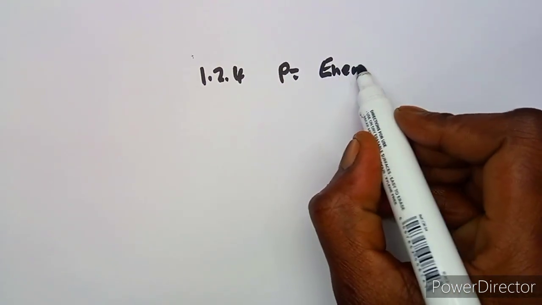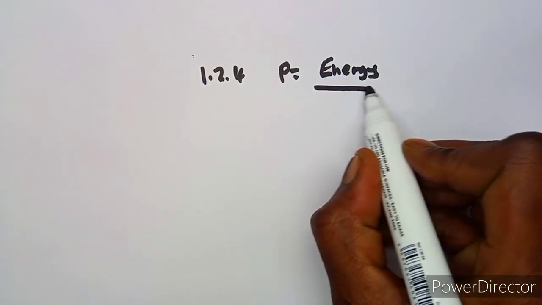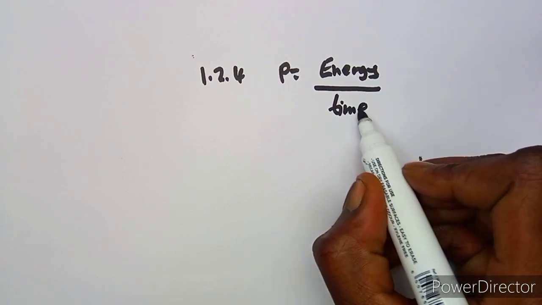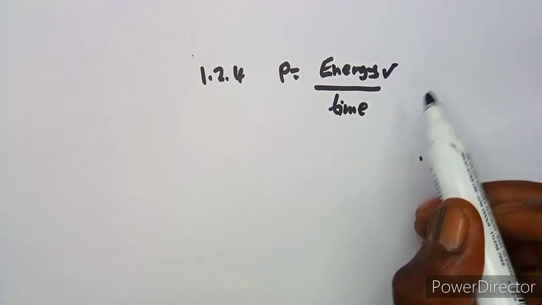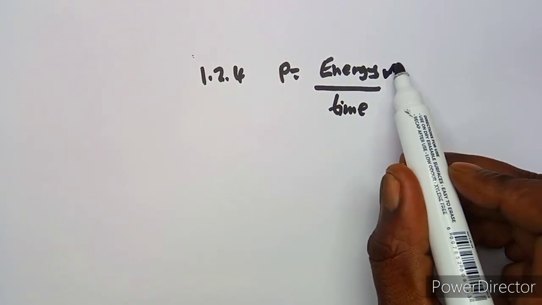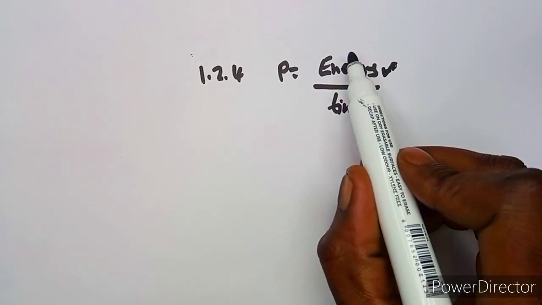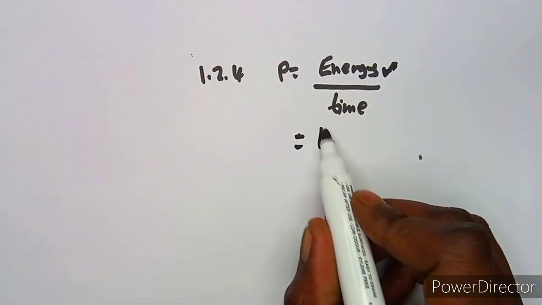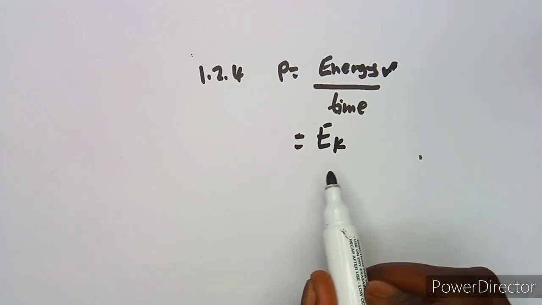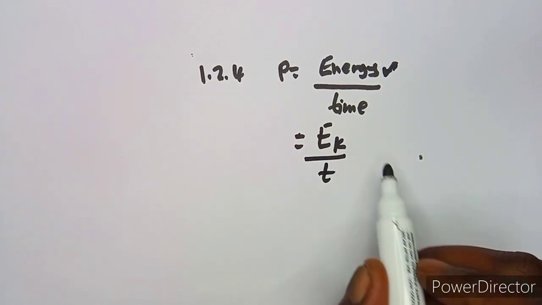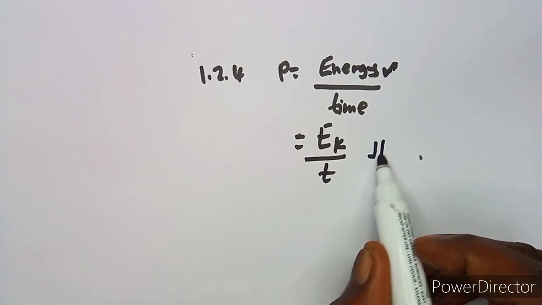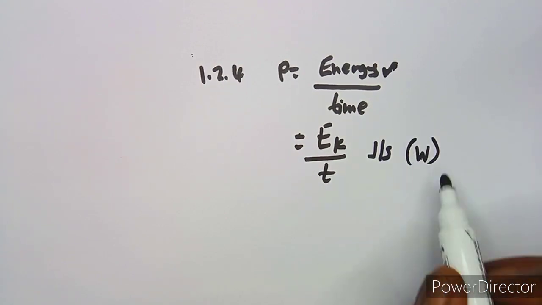But which energy are we talking about now? Definitely, when you're talking about power, there's movement, so which means you're talking about the kinetic energy, not potential, but the kinetic energy over the time that is taken. So this will be joules per second, which is actually measured in watts.